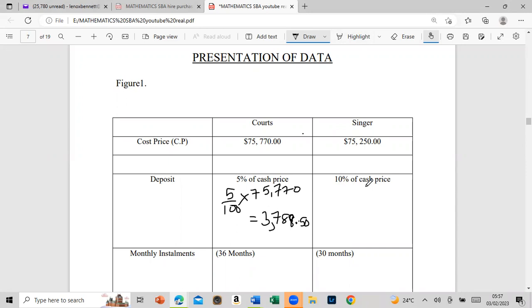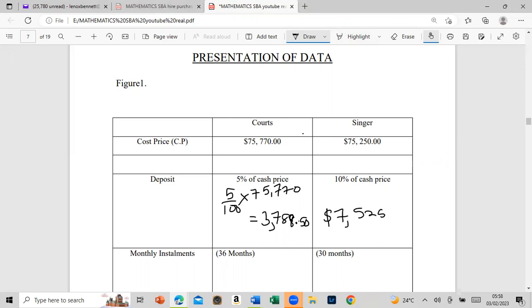So divide that by 10, guys. 75,250 divided by 10. So for this one, you'll be required to pay 7,525. And this is the money that you must pay before you get the item. All right. So this is the deposit. This is the initial money that you pay.